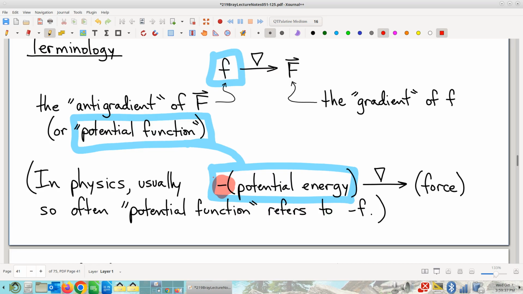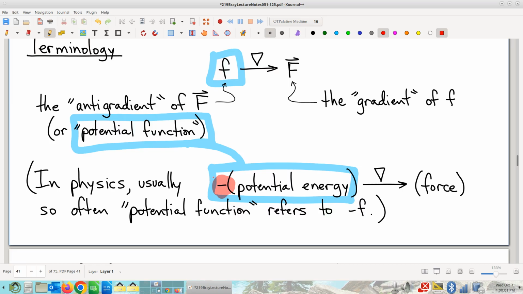So the minus sign is unavoidable. It is what it is, right? And this works for electric fields and electric potential. It works for any sort of force and any force that has a corresponding potential. The anti-gradient is the negative of potential energy.